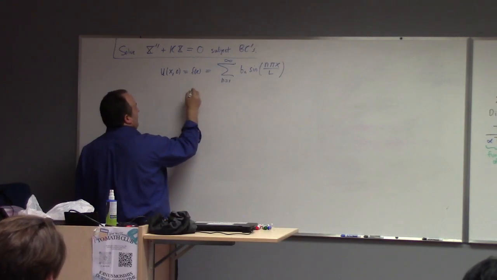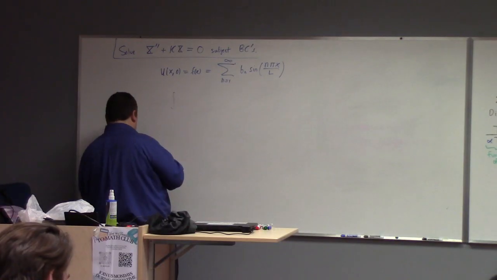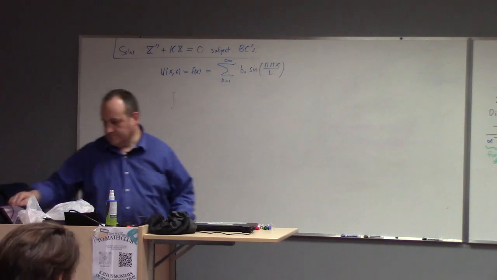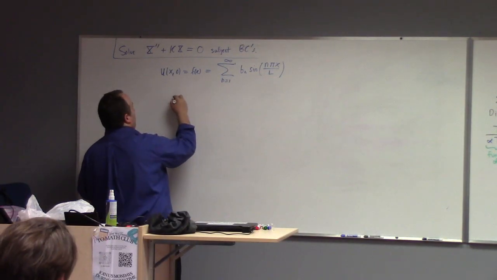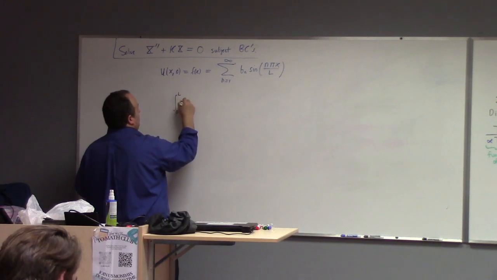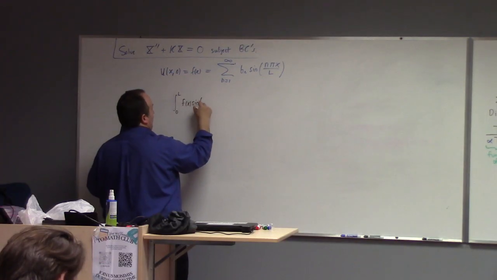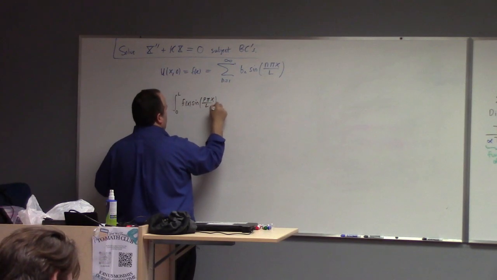Something like multiply by, I don't know, the integral from... So if I do something like integrate from 0 to L of f of x times the sine of, let's say, p pi x over L dx.